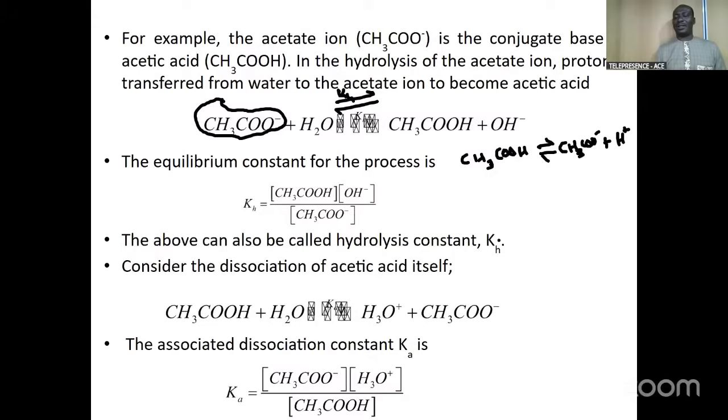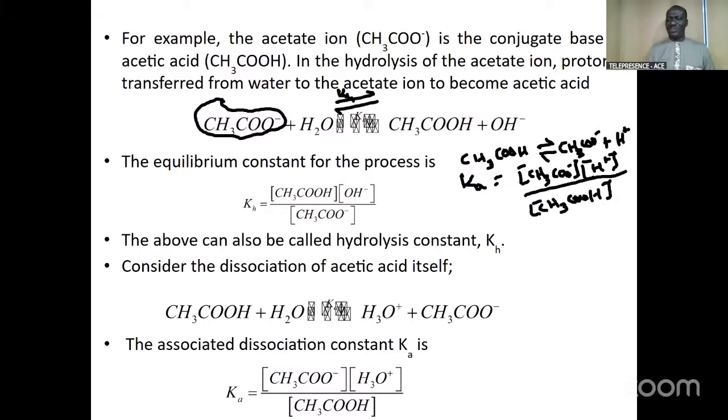Now, this of course is dissociation, and that will be equal to CH3COO minus times H plus over undissociated acetic acid. All right, that's Ka.